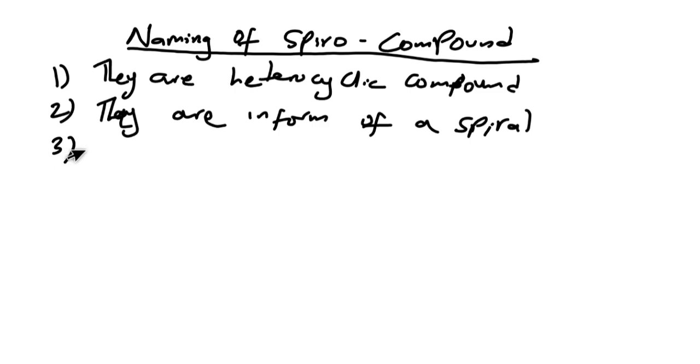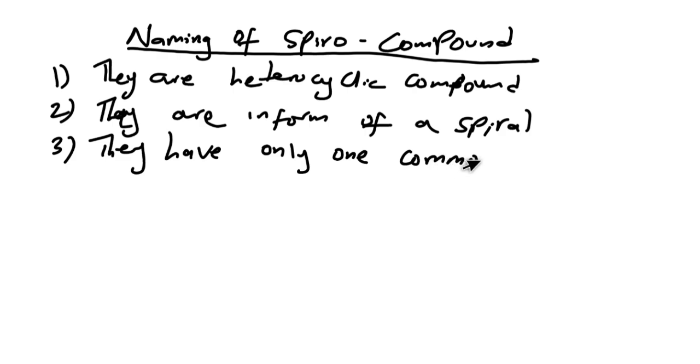Then number three, they have only one common carbon. What we mean by only one common carbon is that they are joined at a point and they have only one common carbon. For example, this is an example of a spiral compound.